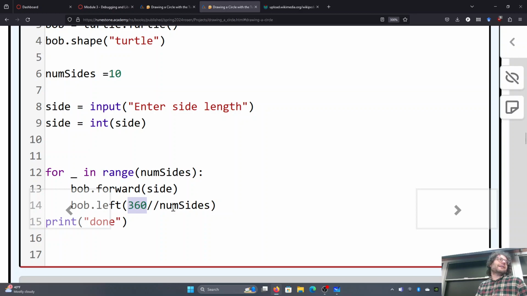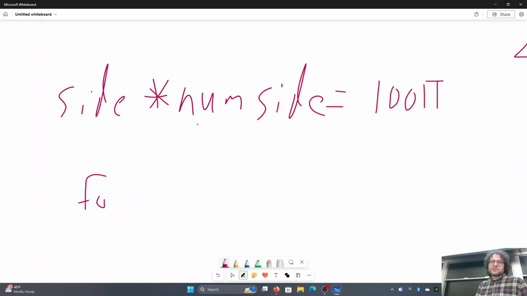That's going to look a lot like a circle. So how much does he need to move forward? In this case the total is 100 pi. If our shape was 30-sided, we'd want him to draw 1/30th of that amount.